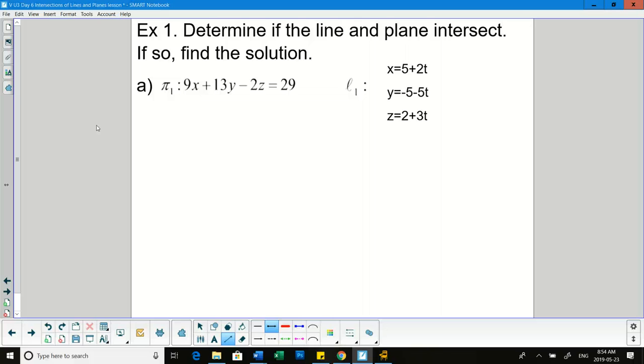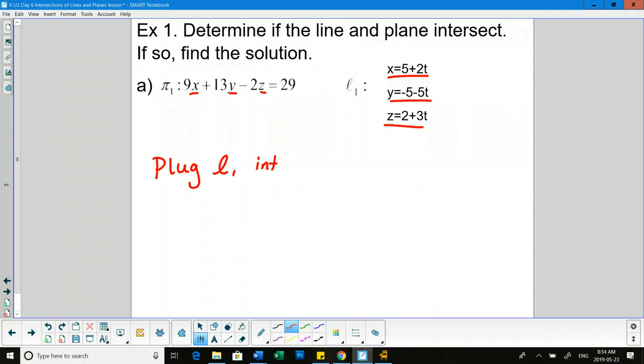If my line and plane happen to be parallel, then automatically I know that they either have 0 solutions or infinite solutions. The way that makes the most sense here is, if I have an x, y, and a z, I can plug the parametric equations into the equation for my plane.